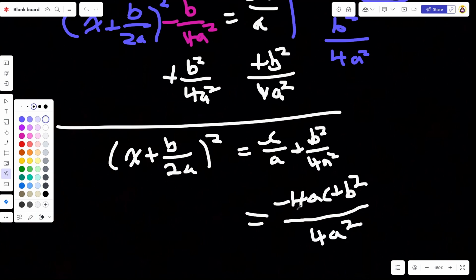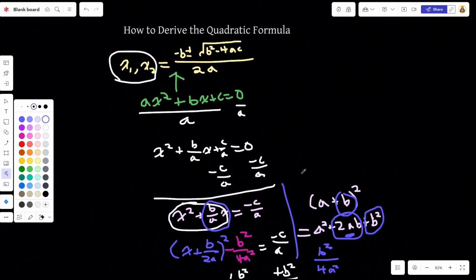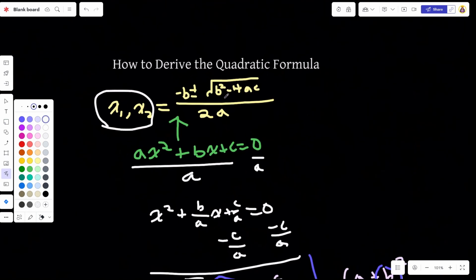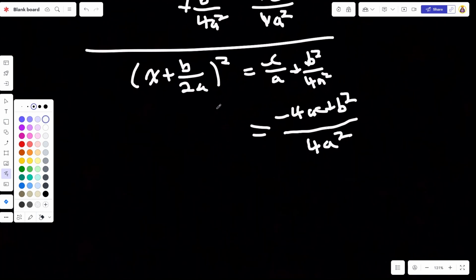So negative 4ac plus b squared, and we have b squared minus 4ac, and those are equal. Okay, so we have that.